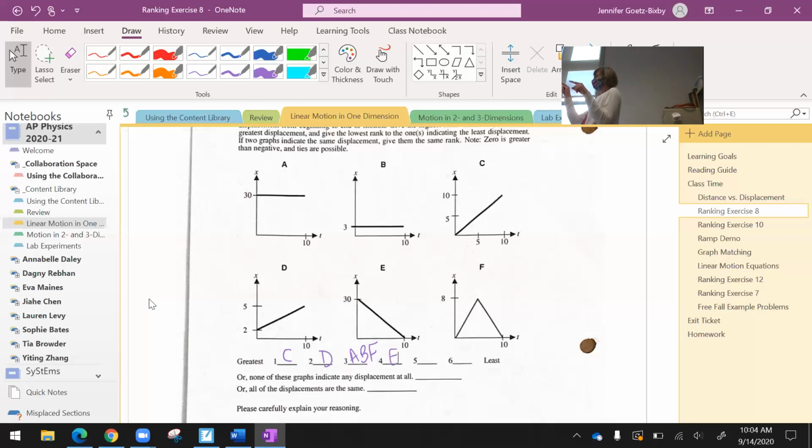Where do I end, Annabelle? At 5. And where do I start? At 2. So what's my displacement? 3. Okay. And that's over 10 seconds. So what's my average velocity for D? 0.3.